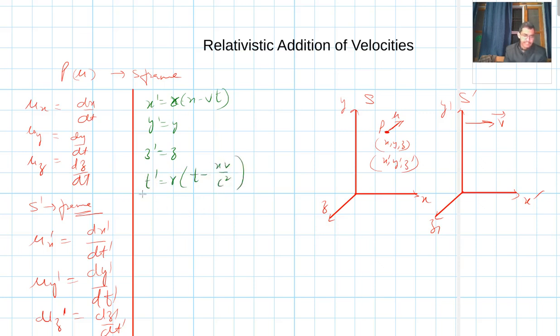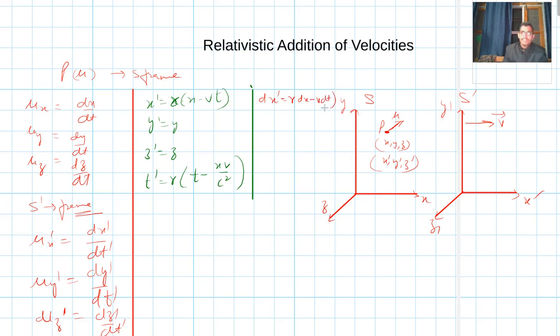So from here, if I take differentials, then dx prime is equal to gamma times dx minus v dt.